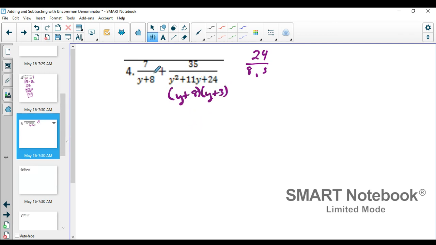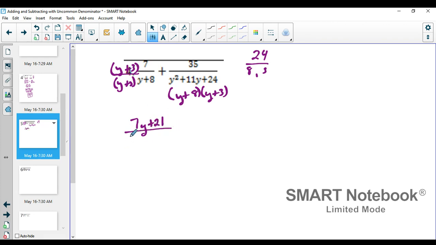And now if you look, we have the y plus 8 over here, but we need the y plus 3. So we're actually going to multiply this by y plus 3 over y plus 3. So 7 times y is 7y. 7 times 3 is 21.